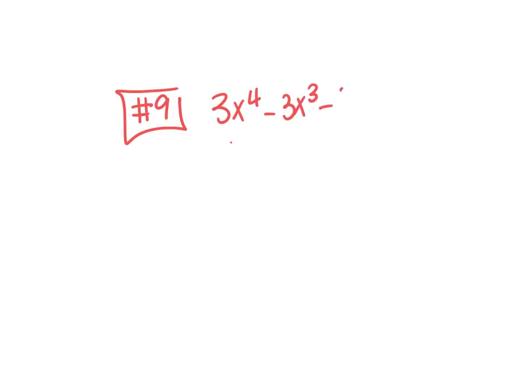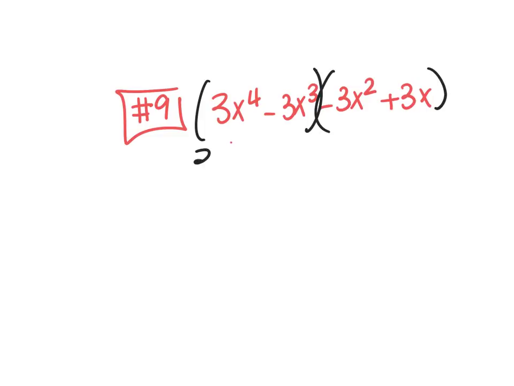All right, let's do example 2. Let's do number 9. And we have 3x to the 4th minus 3x cubed minus 3x squared plus 3x. This one we're going to factor by grouping.